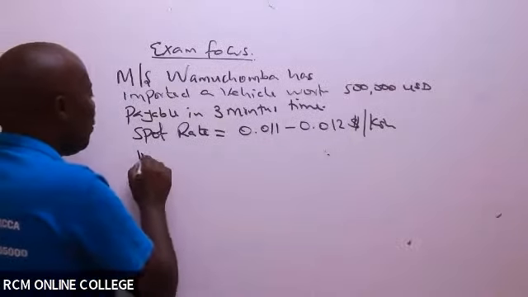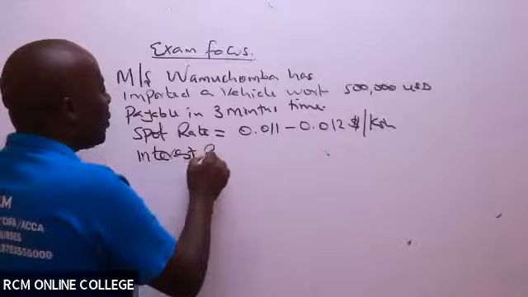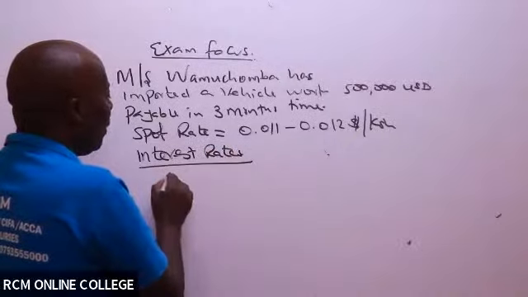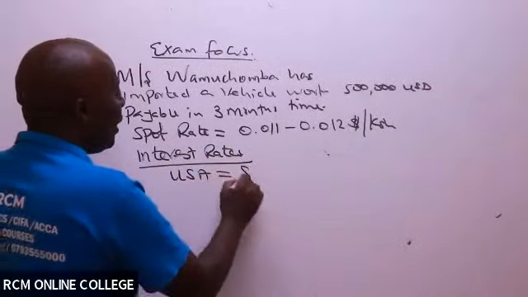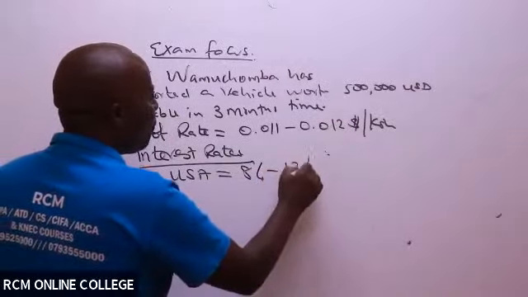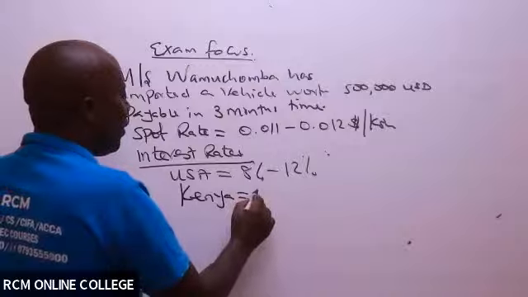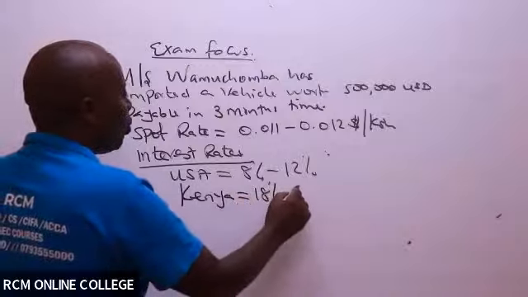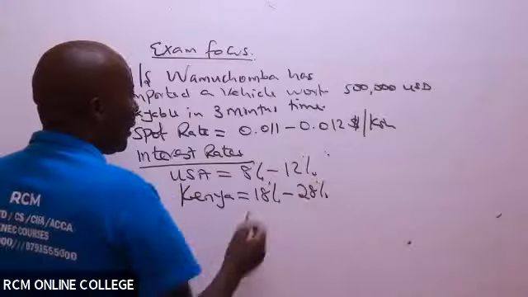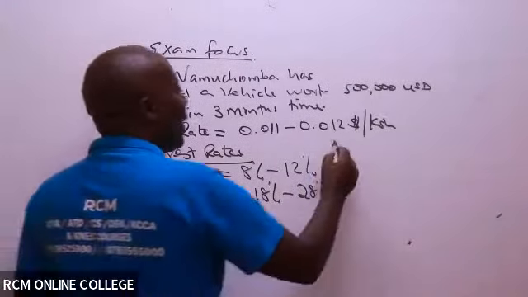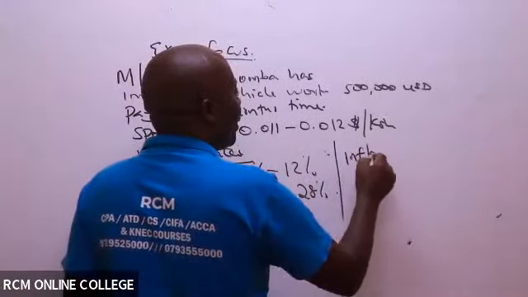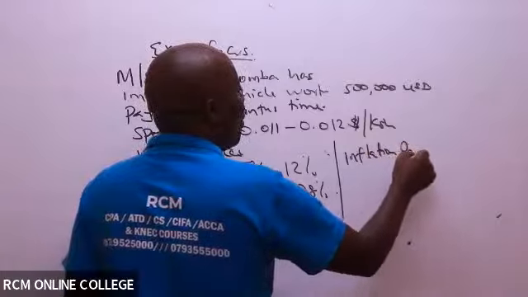And then it'll come and give you interest rates. Interest rates, we have here USA, 8% to 12%. We have Kenya, in this case here, 18% to 28%. Then they have given us inflation rates.